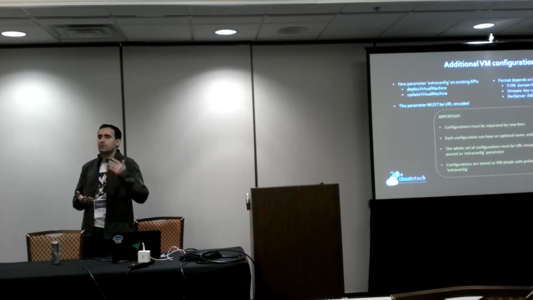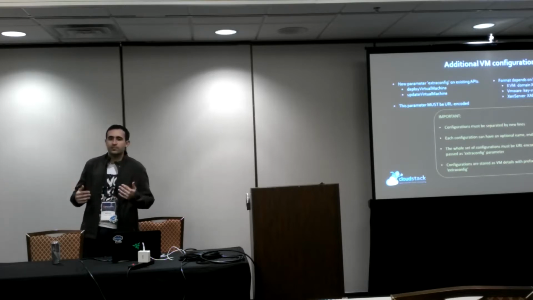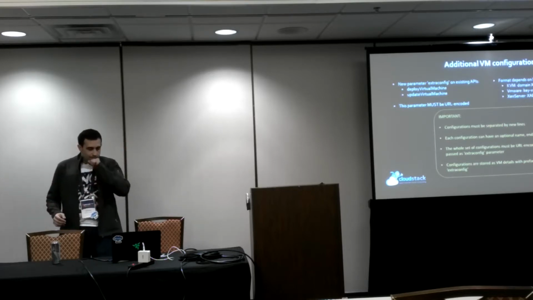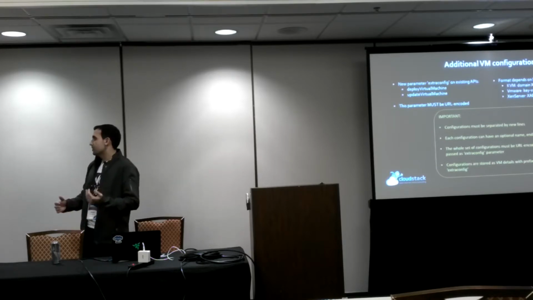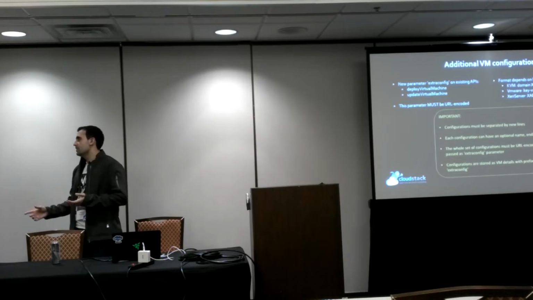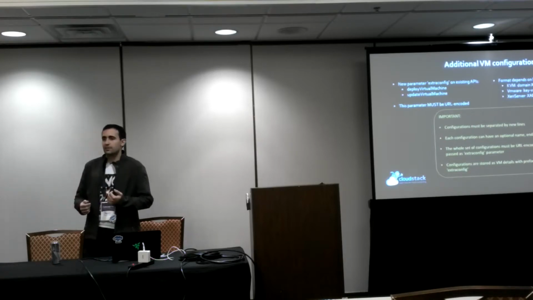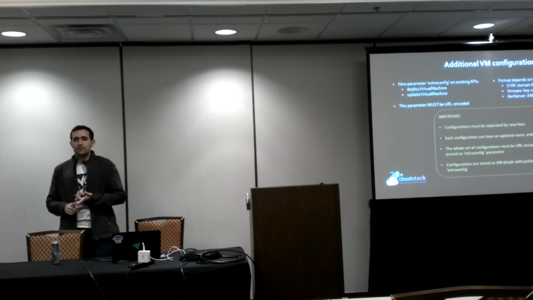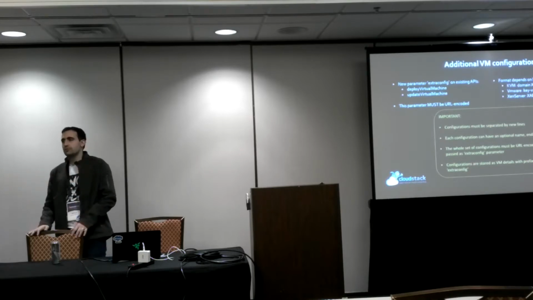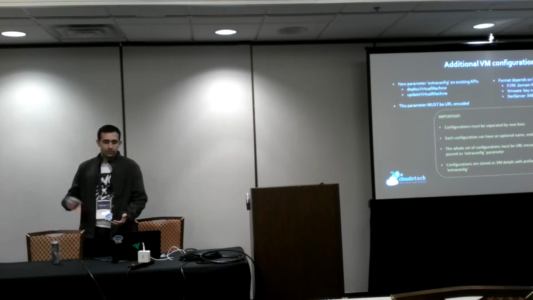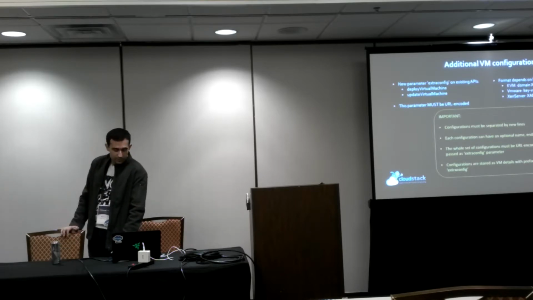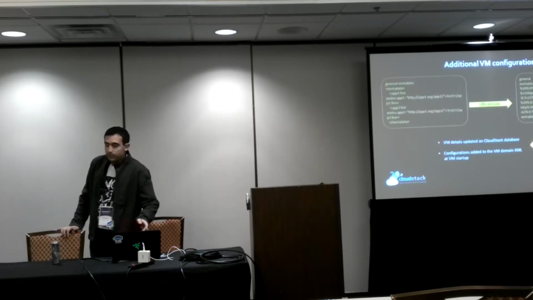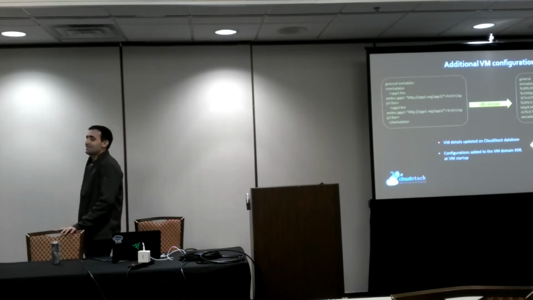It needs to be encoded because it allows multiple parameters to be passed. Those parameters can have a name and will be stored in CloudStack internally on the database as VM details, and then will be sent to the KVM host or passed in the VMX file, depending on the hypervisor. So here, now yes, I have the example.